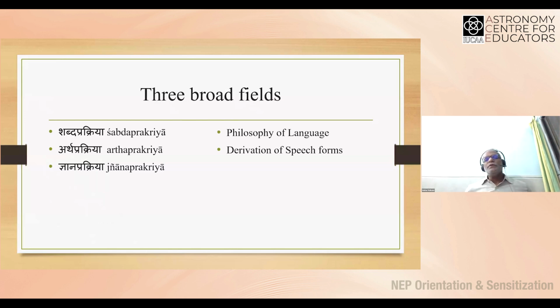We talked about three broad fields: Shabda Prakriya, Artha Prakriya, and the Jnana Prakriya. So the word Prakriya stands for the process of Shabdas, process of Arthas, and the process of Jnana. So how a human being cognizes, how the meaning gets constructed, and how the words get constructed.